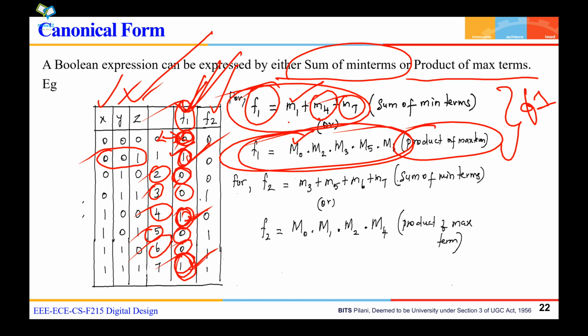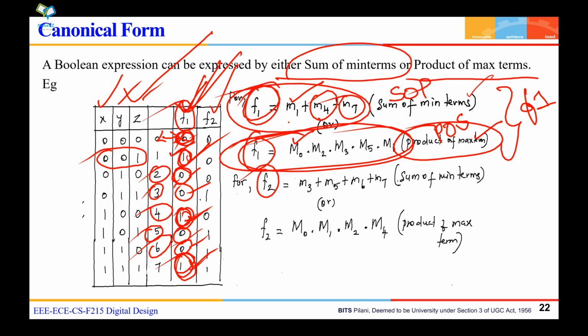For the product of max terms, look at the places where you have zeros, see the corresponding max terms and write the product of that. So you get an expression for F1 both in terms of sum of min terms or product of max terms. This is sum of products form, this is product of sum form. Hope you understood this. Similarly, write an expression for F2.